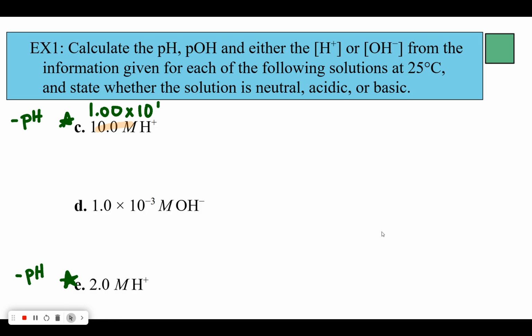So I was telling you with part C, you can turn that into scientific notation in order to be able to take the little tricks that I showed you and not have to plug this stuff into your calculator. But the first step is going to be the same even if you did do it in your calculator. You're just going to start by taking the negative log, because this is a concentration of H+.